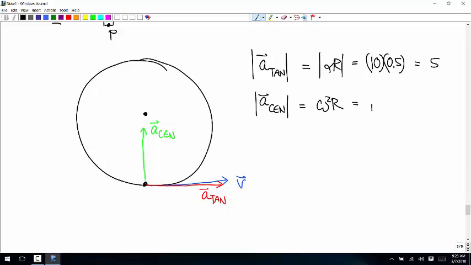So that's 10 squared times 0.5, so 50. And so the tangential acceleration as a vector has a magnitude of 10 pointing in the positive x direction, meters per second squared.